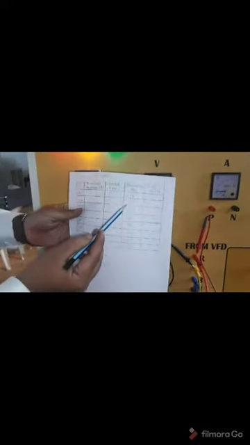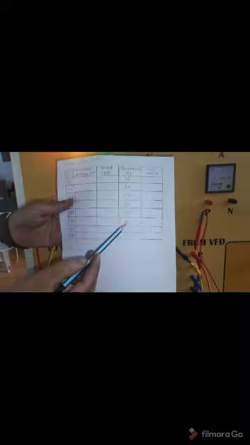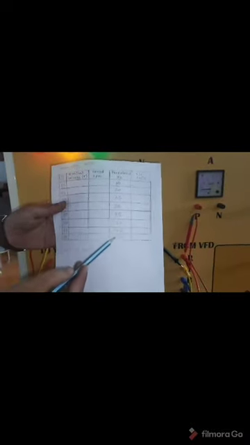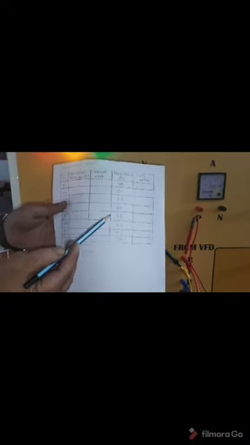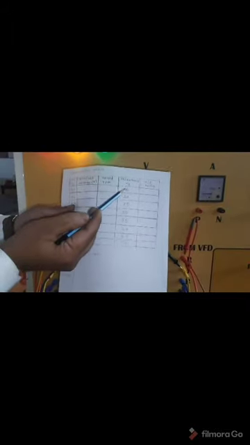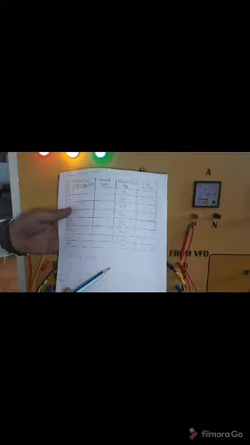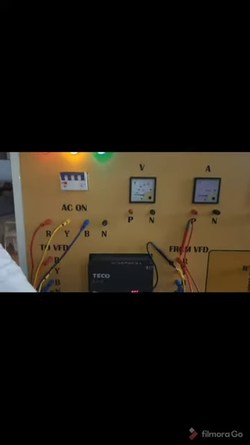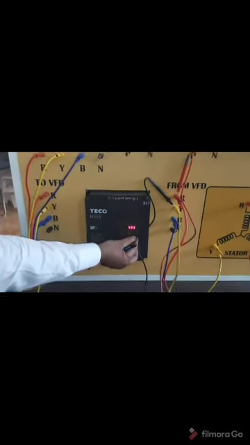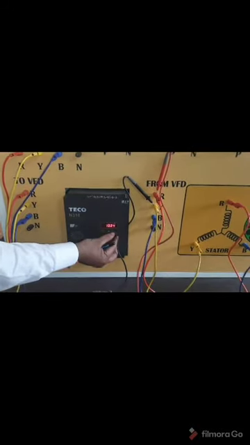The further readings I plan to take are 10, 20, 25, 30, 35, 40, 45 and 50. Likewise, you can take your own set of readings. You can have a difference of 5 Hertz also to get a more precise graph. So at this frequency of 10 Hertz, I will now record the speed and voltage.